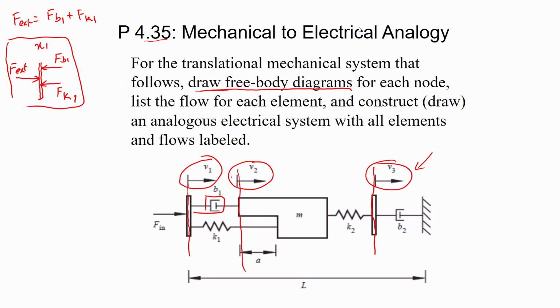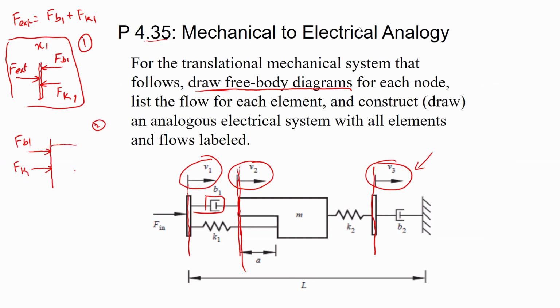Okay. Now, second node right here. So this was node number 1. Node number 2. Let's talk about this one. I'm going to redraw this node. How many forces are connected on this side? 2 forces. So this is F B1, F K1. Now this is tricky.